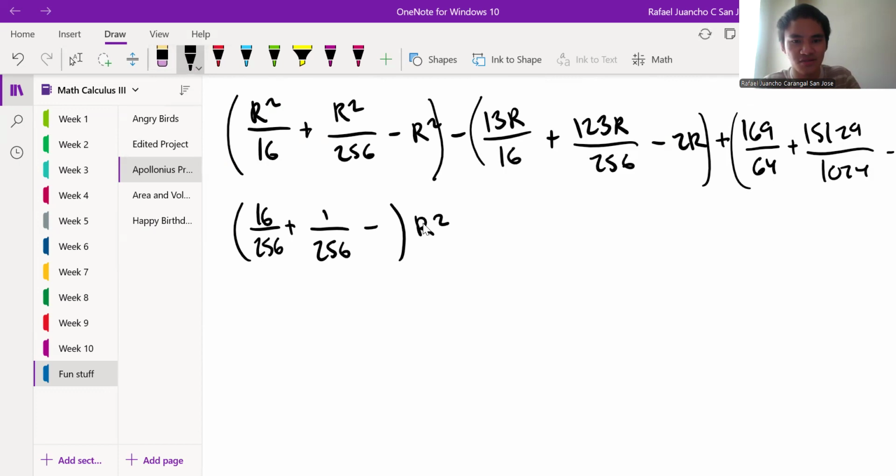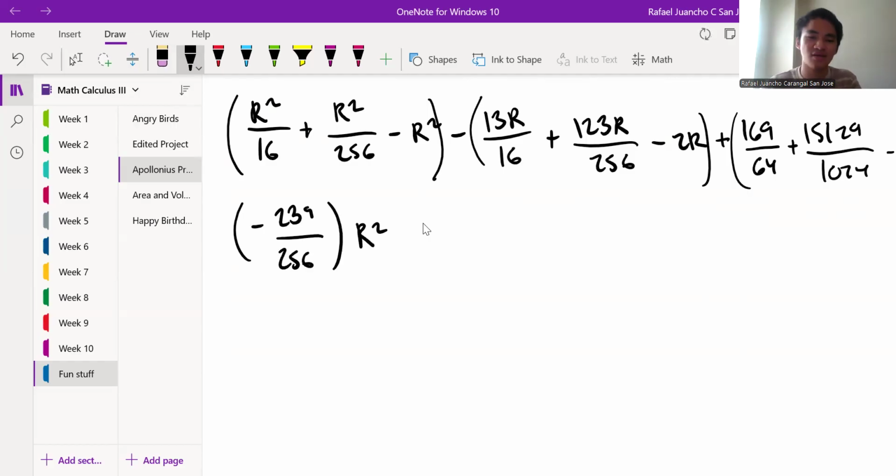This one is 256 over 256. So I get 16 plus 1 minus 256, negative 239. So I get that value, right? Can I simplify? Oh, that's the exact simplification.